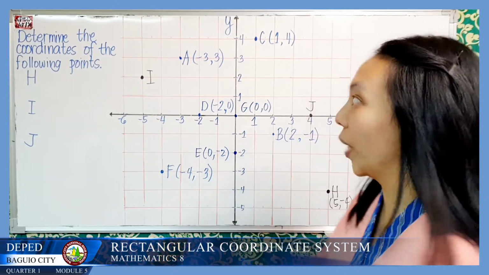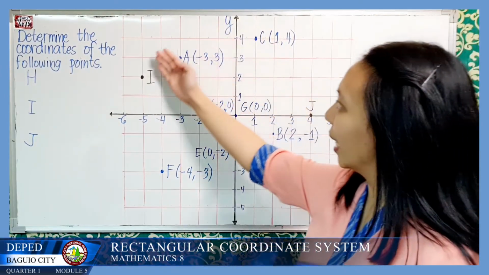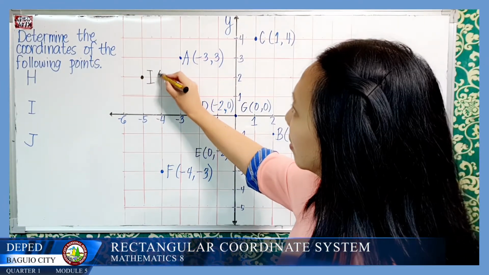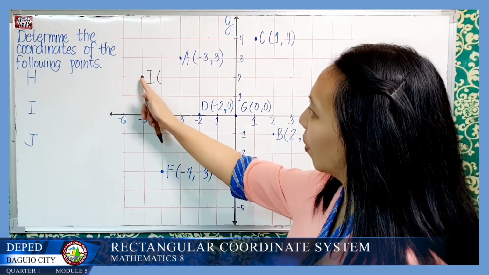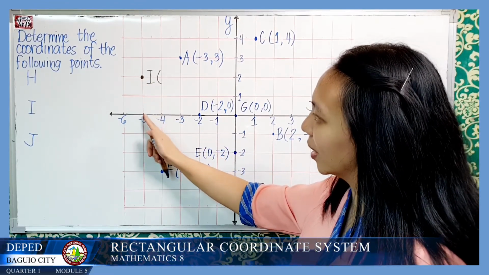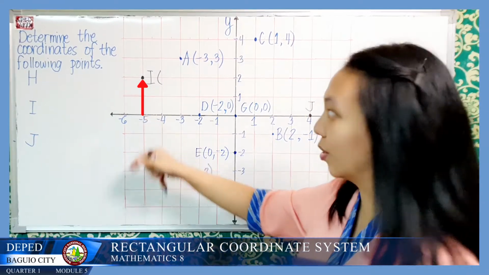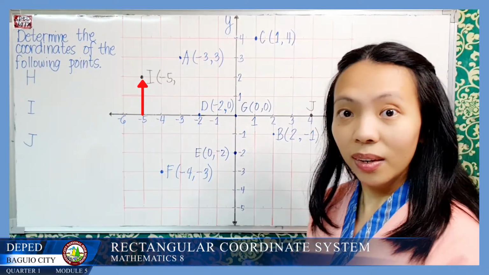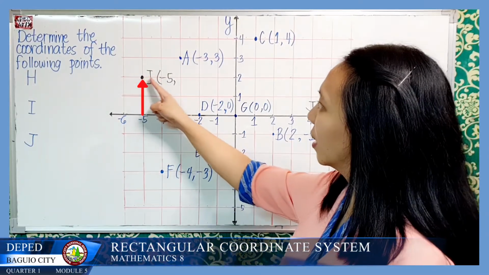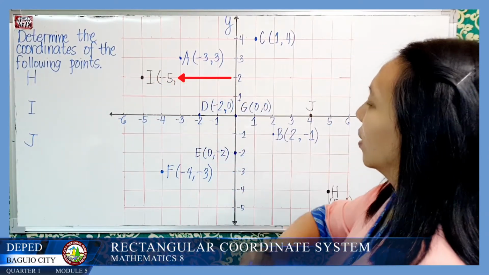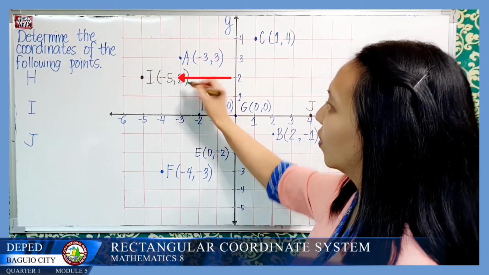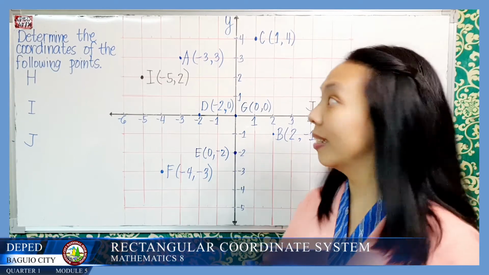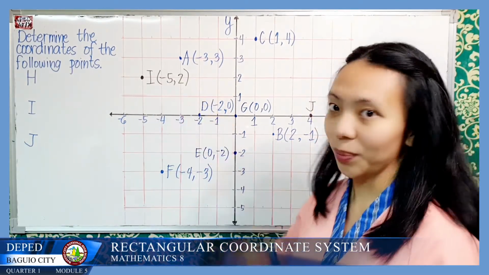Let's move on to point I. Point I is located here. Its coordinates are, locate the number along the x-axis where that point is aligned to. That is the number -5, and the number along the y-axis where it is aligned to, that is the number 2. Therefore, the coordinates of point I are -5, 2.